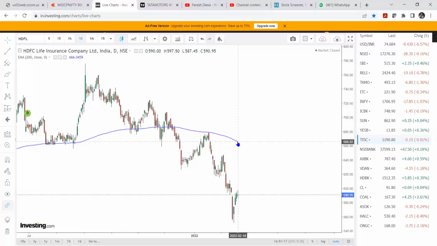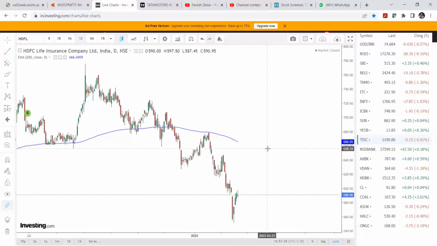For example, if this HDFC Life gave indication and confirmation, that would be the first thing. And later on, when it goes above the 200-day moving average, that would be an even better thing, because indication and confirmation have already come.